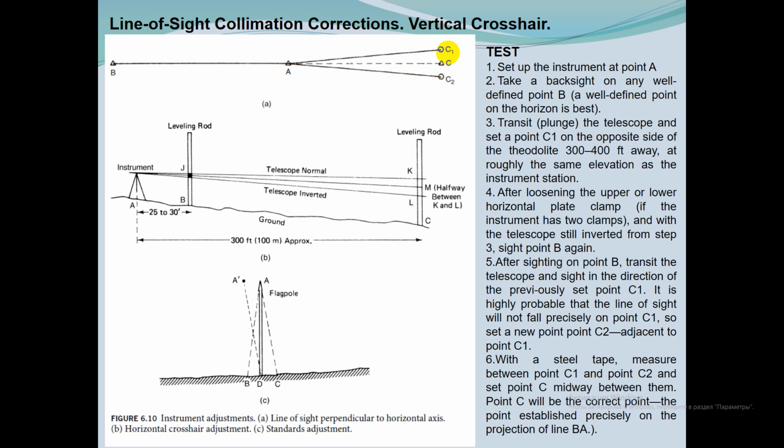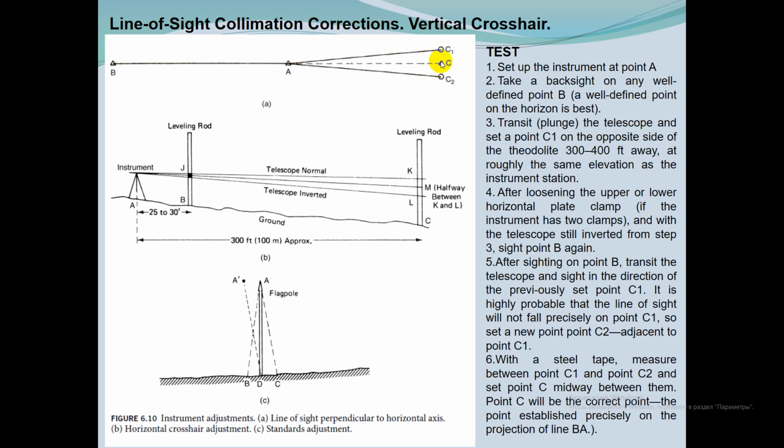It is highly probable that the line of sight will not fall precisely on point C1. So set a new point C2 adjacent to point C1. With a steel tape, measure between C1 and C2 and set point C midway between them.